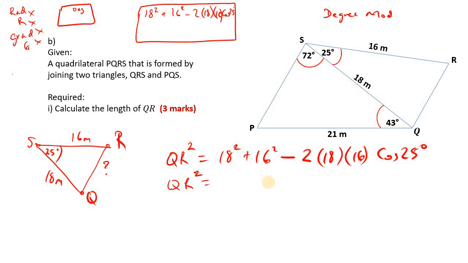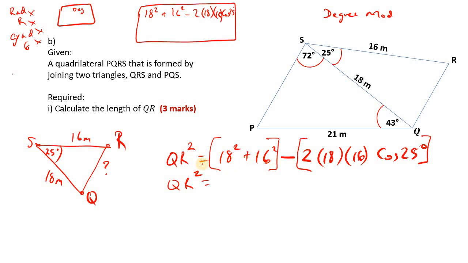Once you've done that, you punch it in your calculator, which I'm going to do now: 18 squared plus 16 squared. Let's do it in parts, because some people may not have a calculator that can take the whole thing at once. So I would suggest that you get your answer to this portion first, and then separate the other part. Everything there is multiplying, from the 2 right down to the 25: 2 times 18 times 16 times cos 25, so you want to be careful and work out this part.